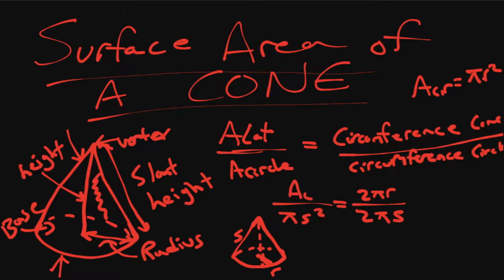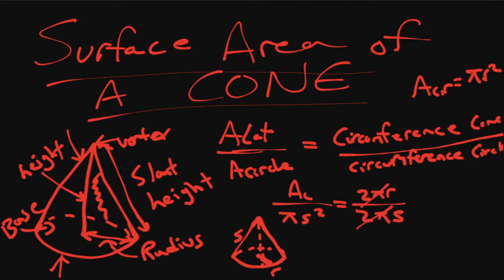Now if we were to simplify this ratio, the 2 pi cancels out, and we're left with r over s equals lateral area over pi s squared.